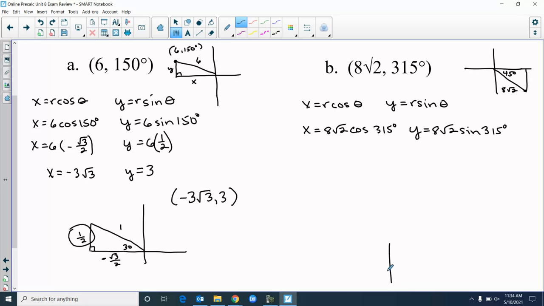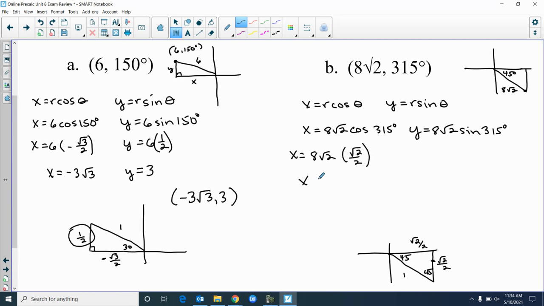All right, well, cosine and sine of 315, you got a 45 degree angle. If you go back to our unit circle work, when you got a 45, 45, 90, hypotenuse is 1, your side lengths are square root of 2 over 2. So x is going to be 8 square root of 2. The negative is going to go with the y value, which would be the sine. 8 square root of 2 times cosine of 315 is going to be square root of 2 over 2, positive.